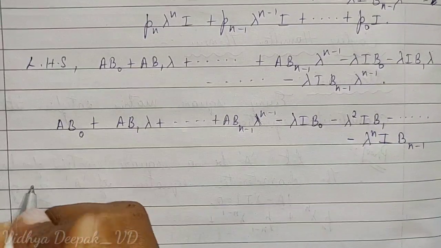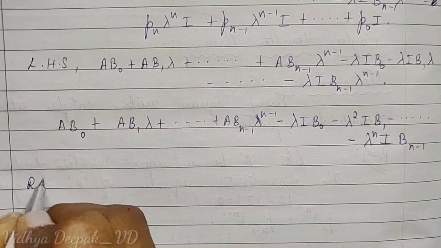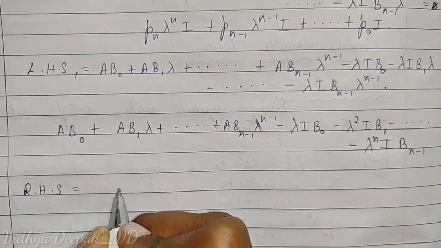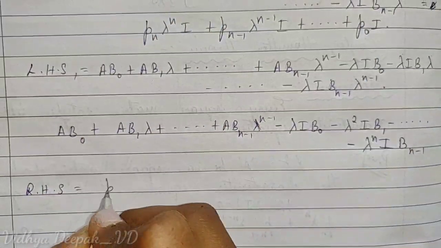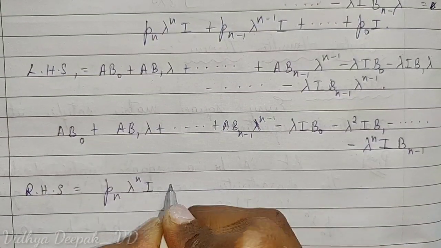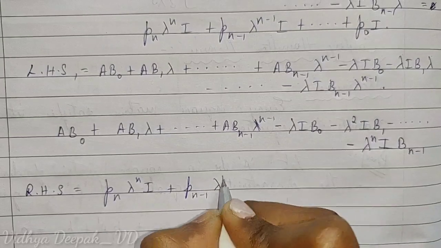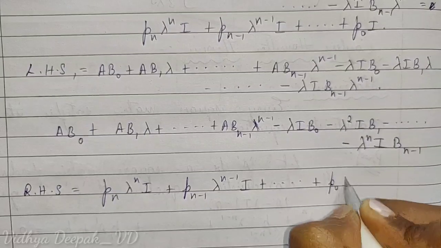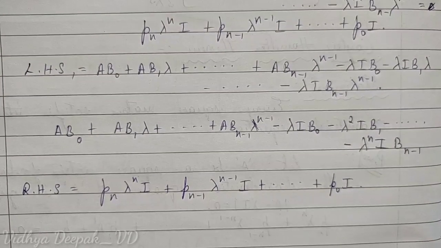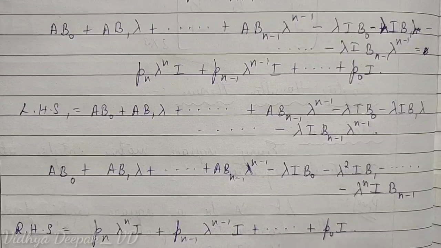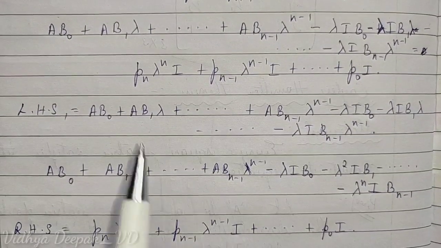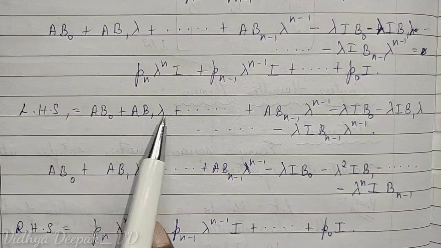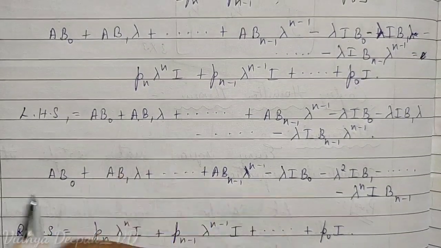Now let's take our RHS. What is our RHS? We have this one, Pn lambda power n into I plus Pn minus 1 lambda power n minus 1 into I plus etc. plus P naught into I. Now comparing LHS and RHS, we have lambda and coefficients of lambda, we can actually merge it.